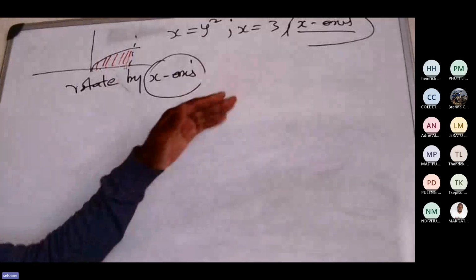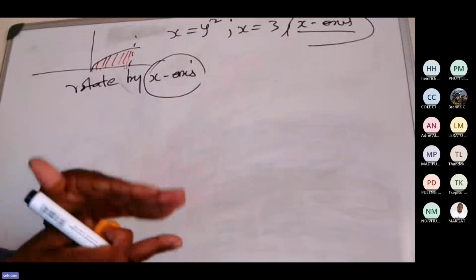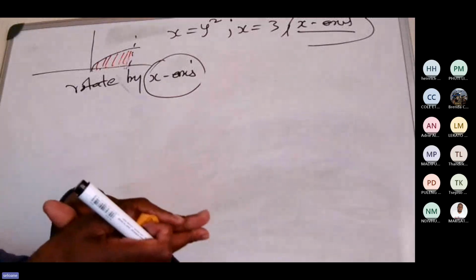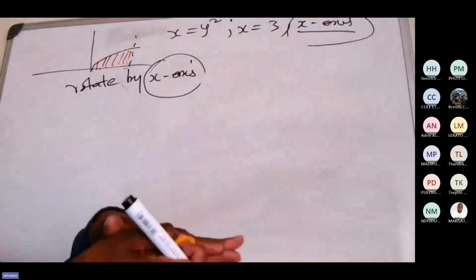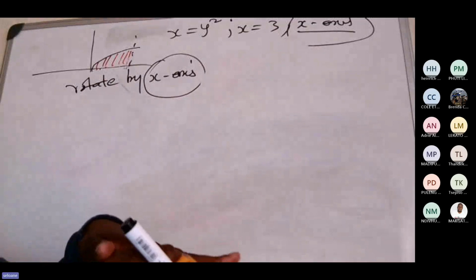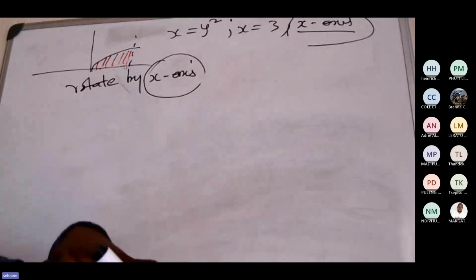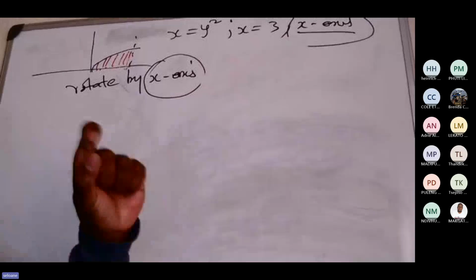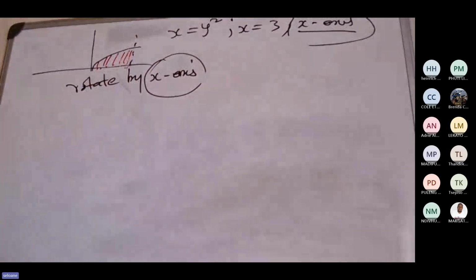Because what we're saying here is, you cut one, you find its volume, you cut another one with the same thickness, you find its volume, cut another one, find its volume. Depending on how many you have cut, the ultimate total volume will be the sum of the volumes of all those discs.